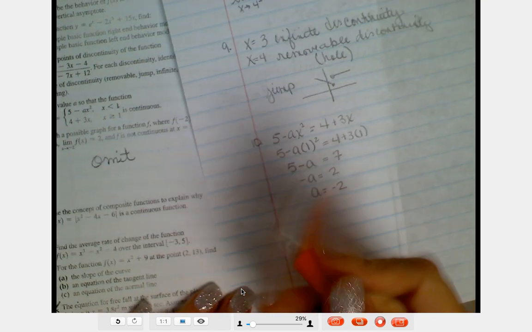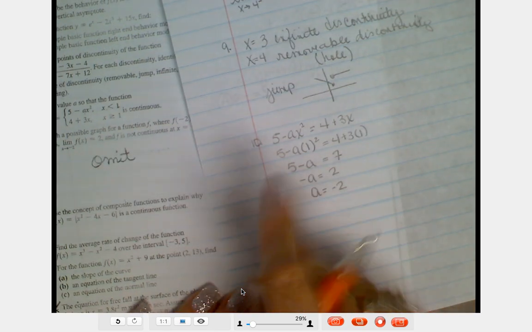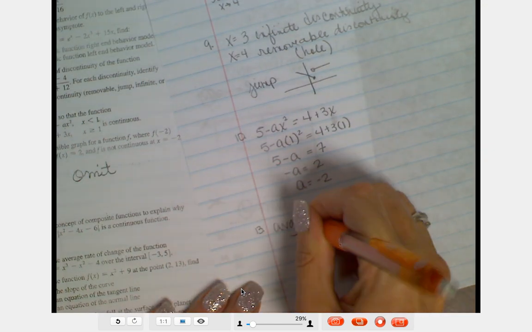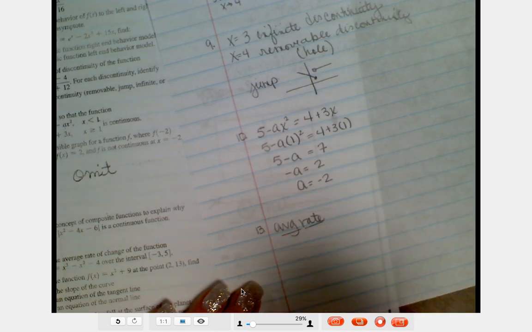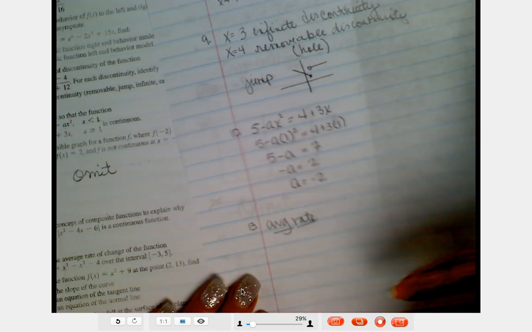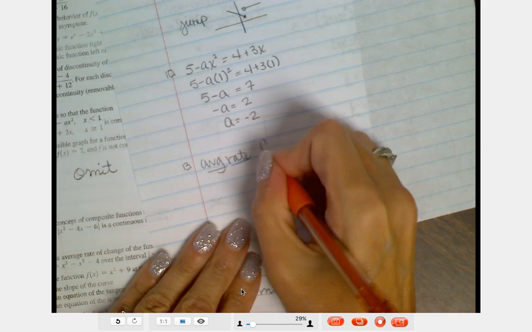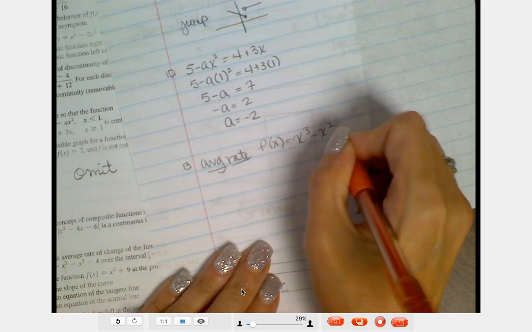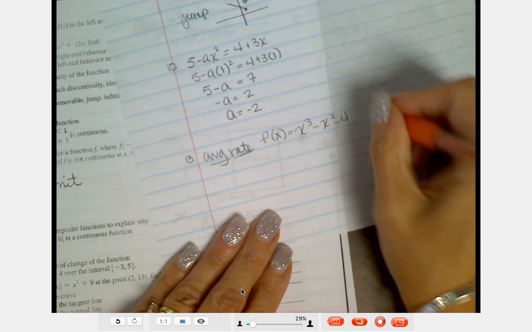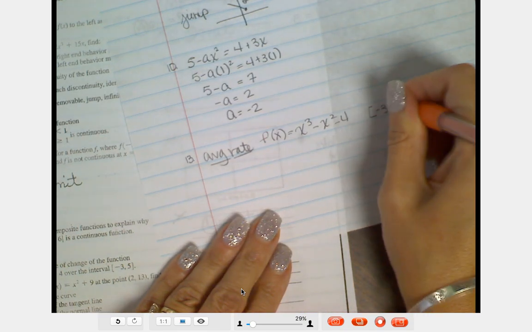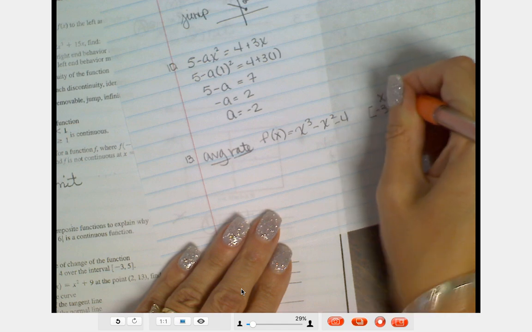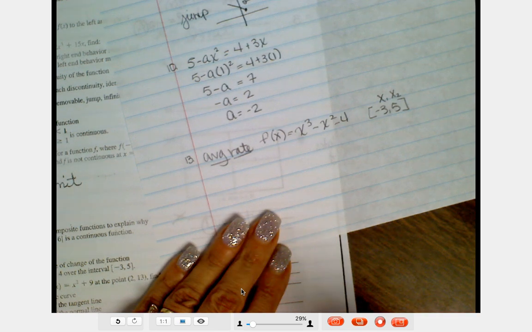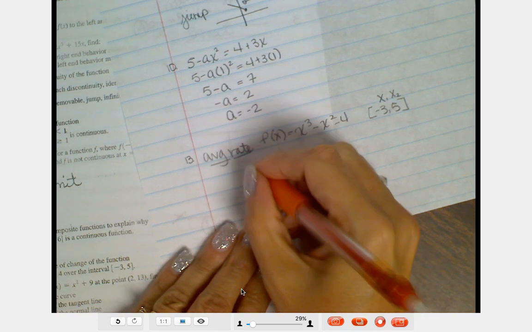All right, so let's look at 13. Find the average rate of change. The important thing here is average rate of change for the function f of x equals x cubed minus x squared minus 4 over the interval negative 3, 5. Remember, this is x1 and x2. So you have to find a y value for each one of these.